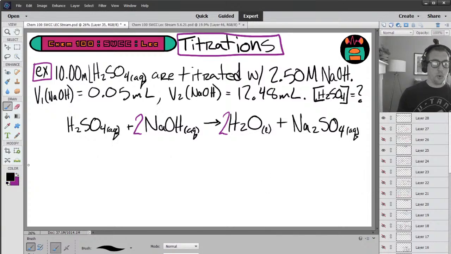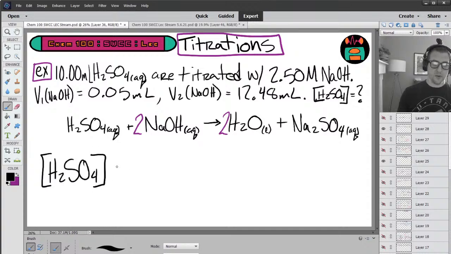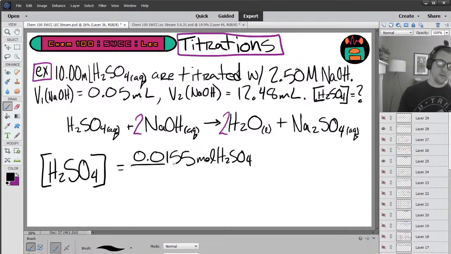We are finally poised and ready to calculate the molarity of sulfuric acid. It is moles of sulfuric acid, 0.0155 moles, over liters.